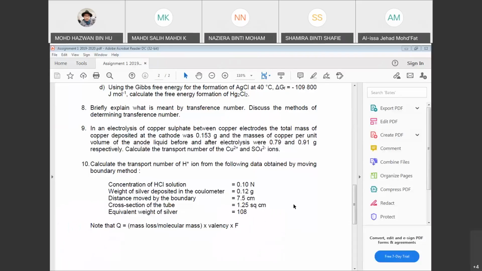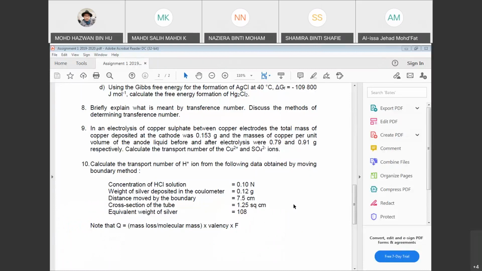Okay. Right. So this is actually the question, number 10. Calculate the transport number of H plus ion from the following data obtained by the moving ionic boundary method. Given here are the concentrations of HCl, and then you have the weight of silver deposited in the coulometer.